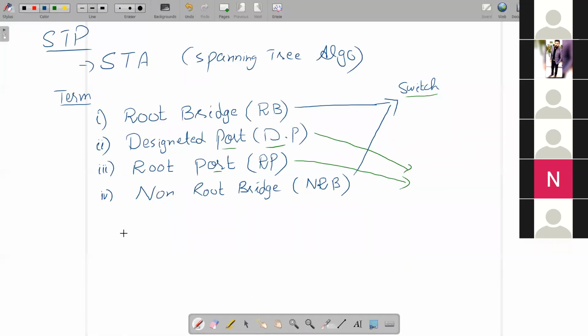So if we want to understand the spanning tree algorithm, we need to follow 3 steps. I'm writing steps over here. And the first step is find out the root bridge per network.